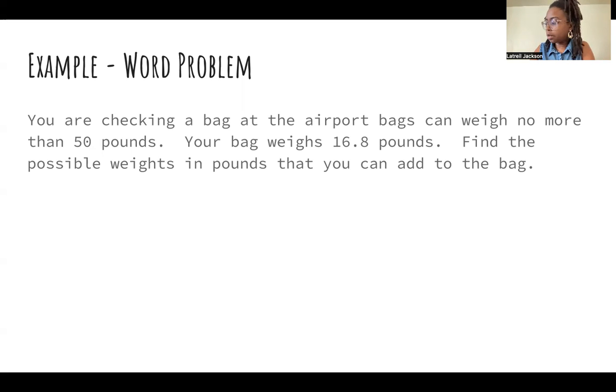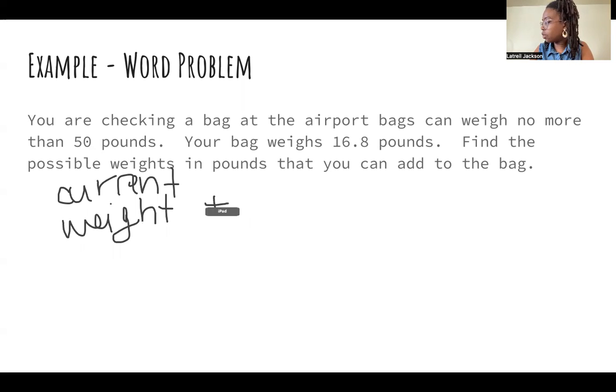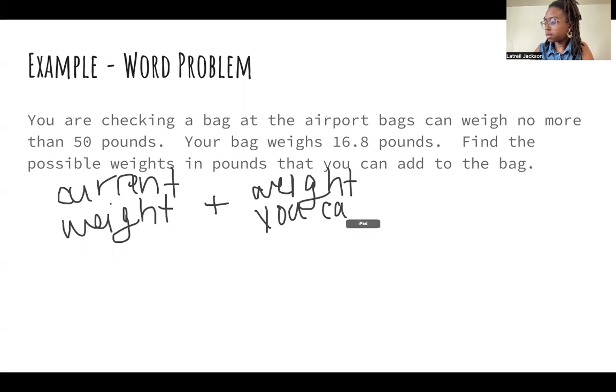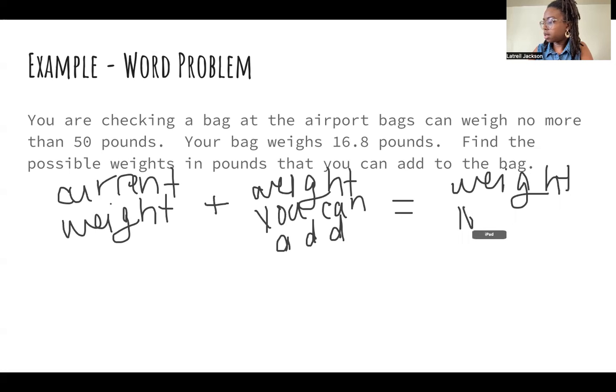So let's use a verbal model and write out what's going on. So we have a current weight plus the weight you can add equals the weight limit. And once again, excuse my sloppiness.